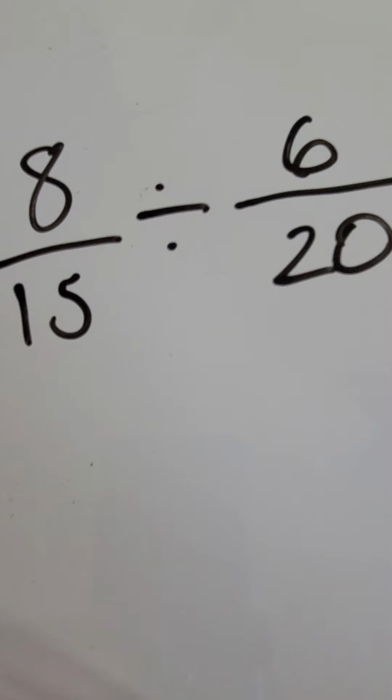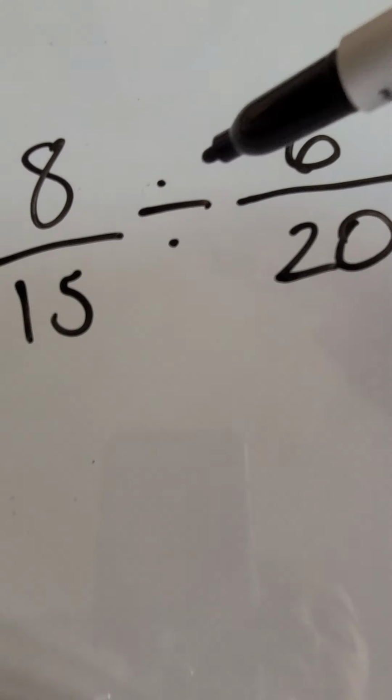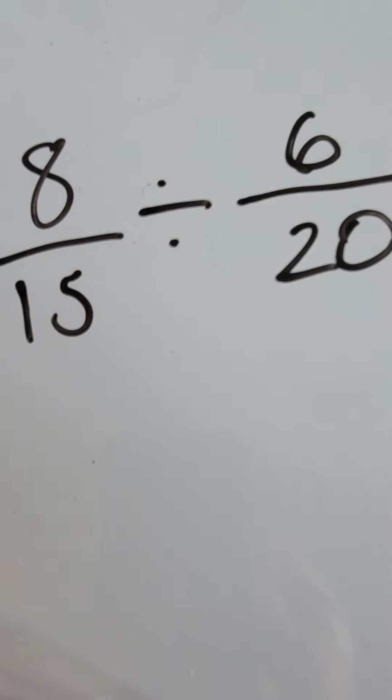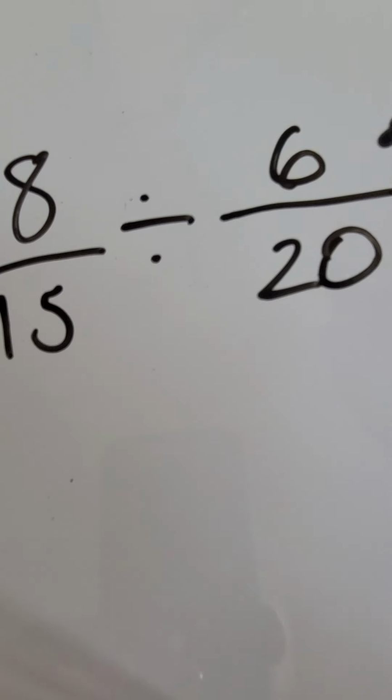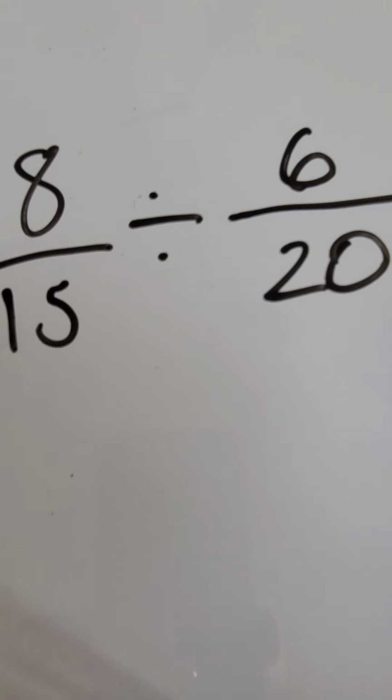Now, we can tackle this problem in many ways. We can just go ahead and start to break down into our levels and steps, changing the sign first, and then changing the fraction, getting the reciprocal. Or we could reduce this fraction first, simplify it to its lowest term, and then we can proceed to the process of changing the sign and then flipping the fraction.